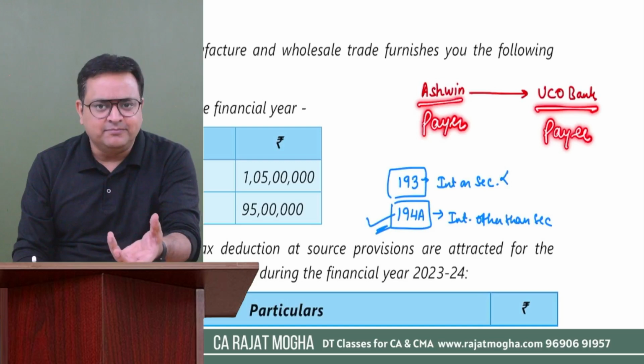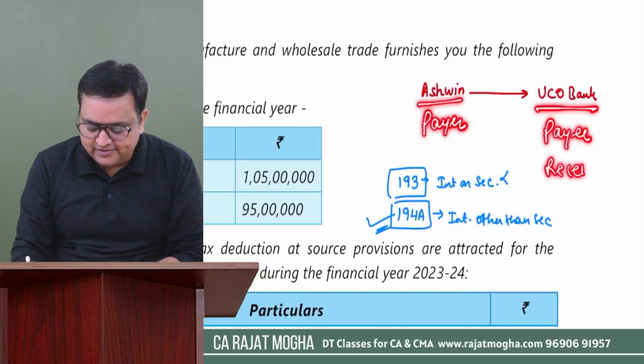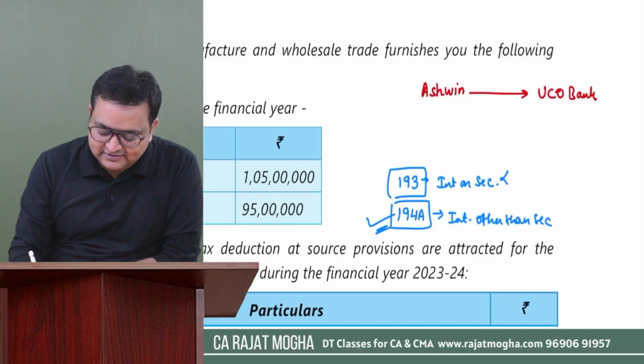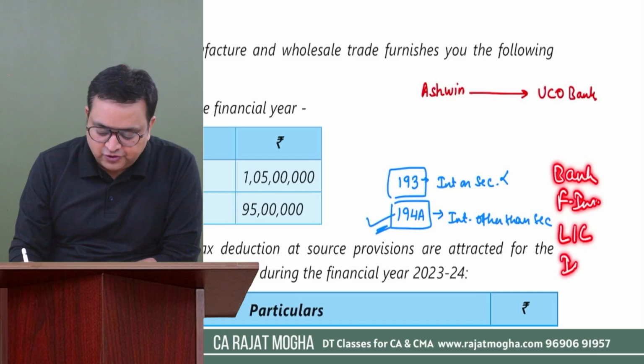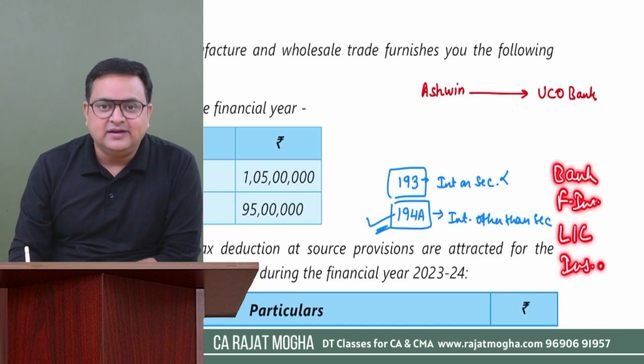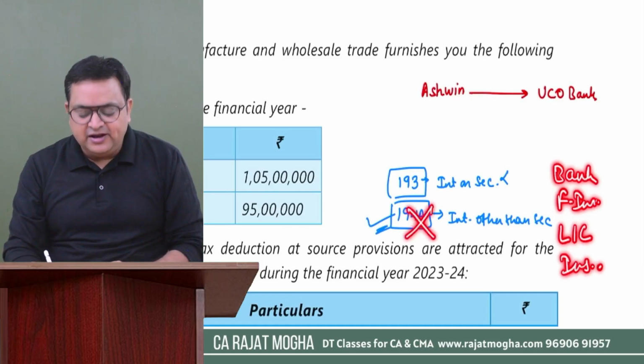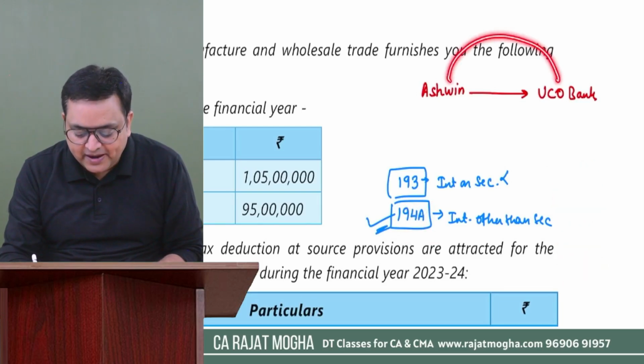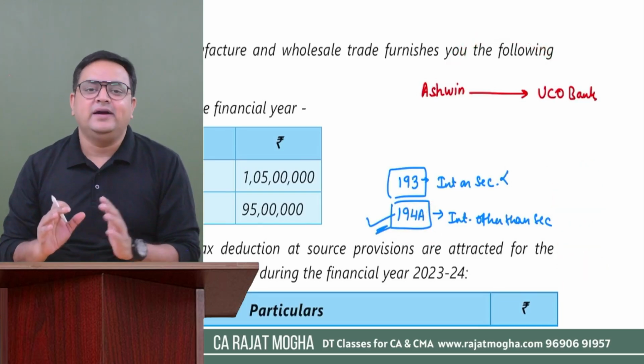In simple words, I can also say receiver. Got it? So if the receiver is a bank, or it could be a financial institution, it could be LIC or an insurance company, in that case, this section will not apply. So we cannot deduct TDS. If we are paying it to the bank, we cannot apply TDS.